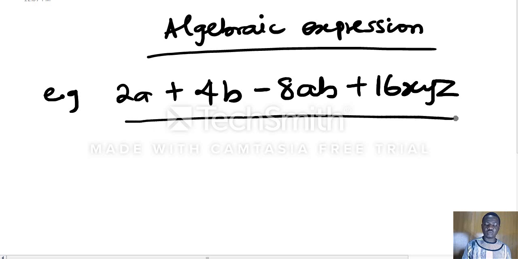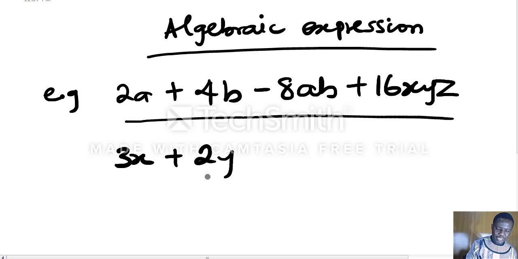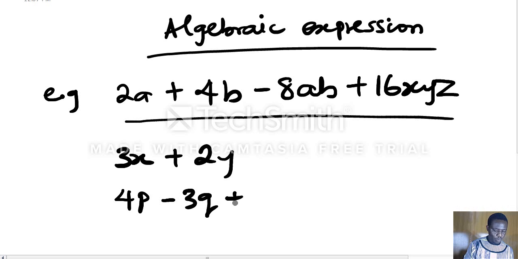The sum of all this is referred to as an algebraic expression. We also have 3x plus 2y, which is an algebraic expression. 4p minus 3q plus r can also be referred to as an algebraic expression.